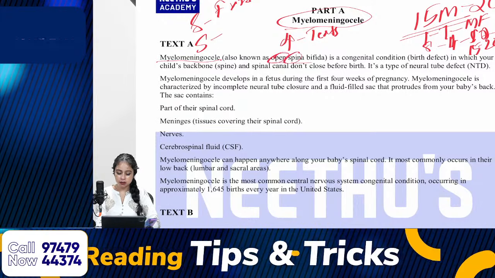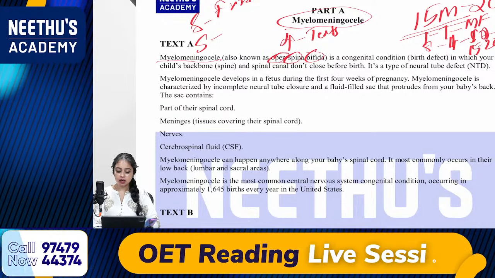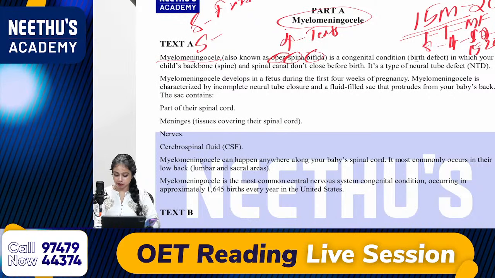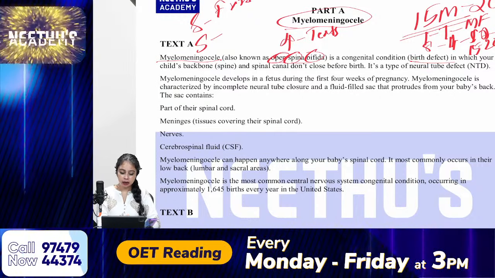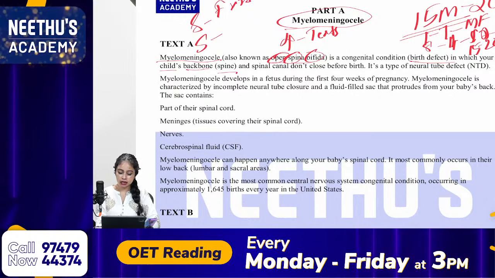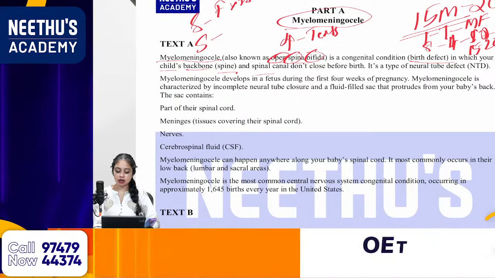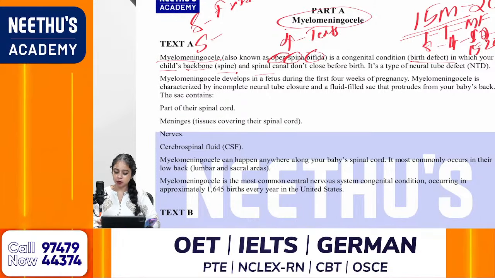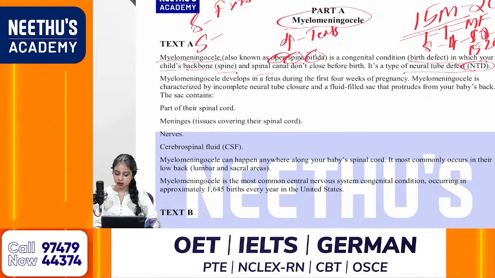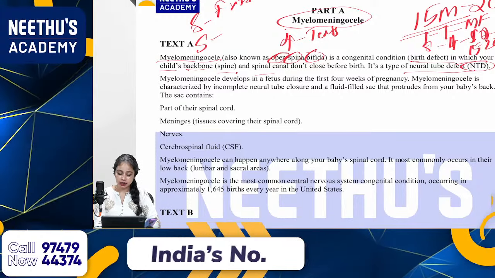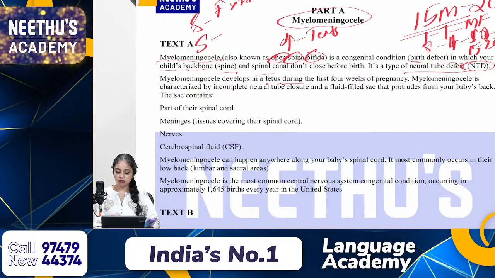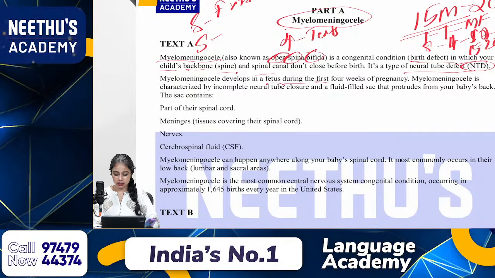Open spina bifida is a congenital condition or birth defect in which your child's backbone or spine and spinal canal do not close before birth. It is a type of neural tube defect. BLL develops in a fetus during the first 4 weeks of pregnancy.